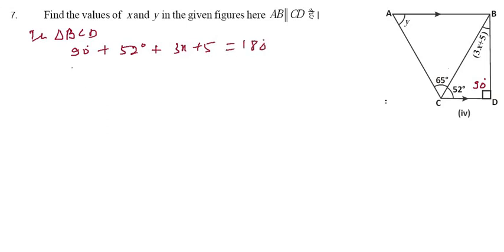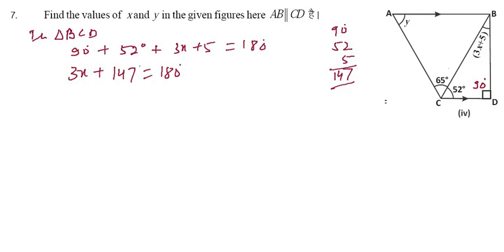So first of all, you can add this. This is 90 degrees, 52 degrees and here is 5 degrees. So 5 and 2 is 7, 9 and 5 is 14. So you have 147. So 3x plus 147 is equal to 180 degrees.